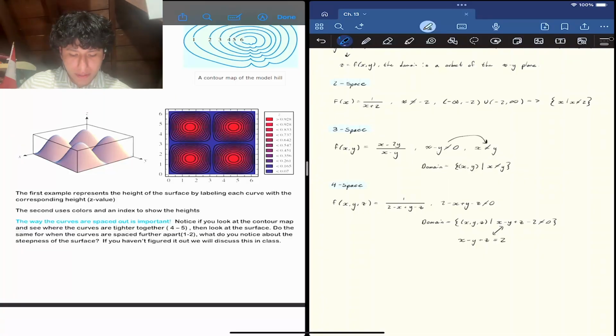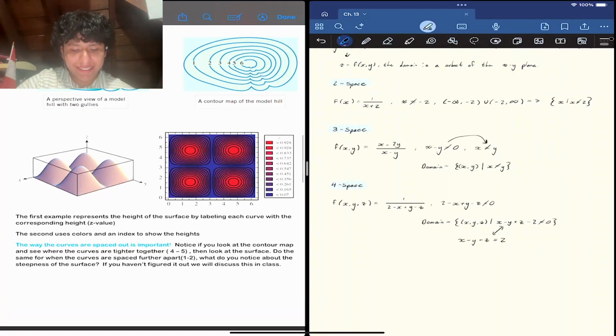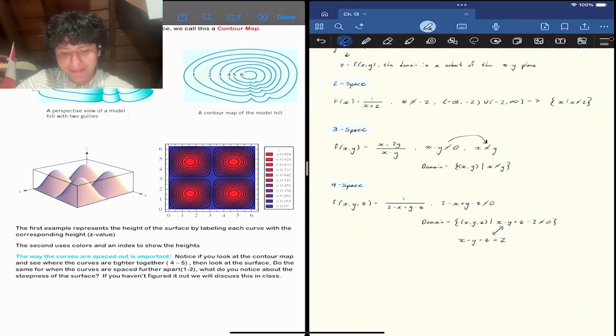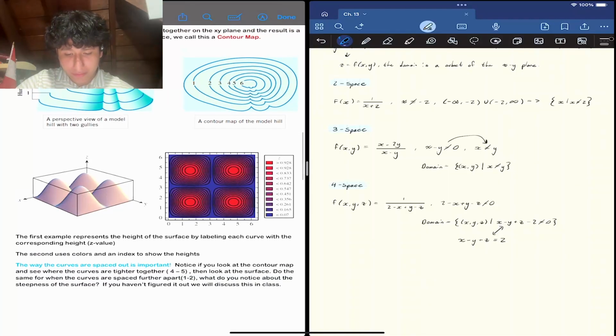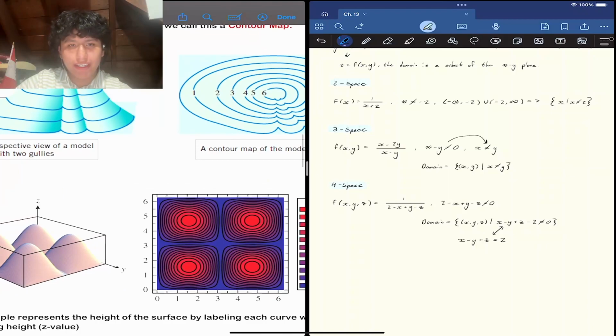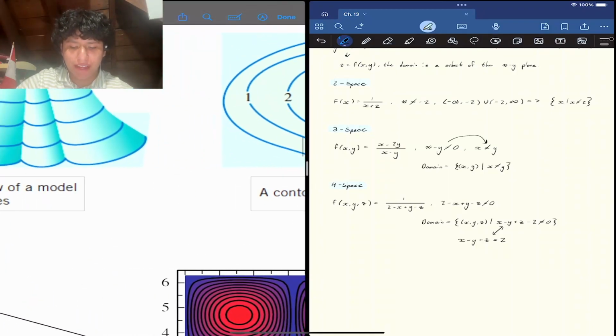Do the same for the curves that are spaced out further apart. What do you notice about the steepness of that surface? I'm guessing the... I don't know. Oh, I'm an idiot. It doesn't mean negative. It means 1 to 2 versus 4 to 5.